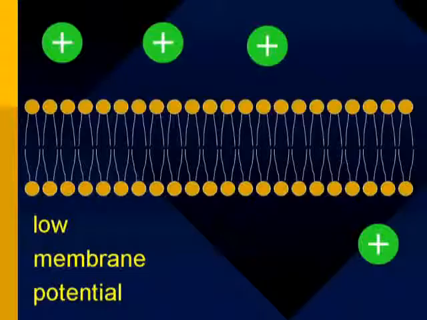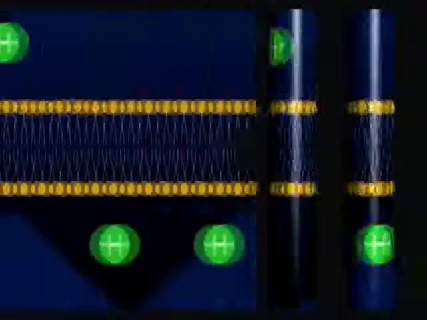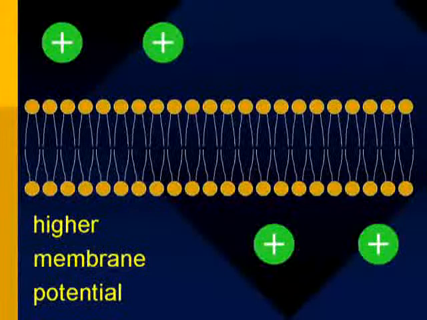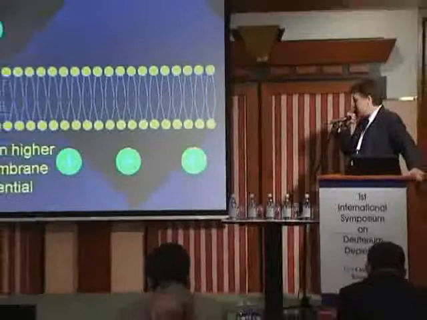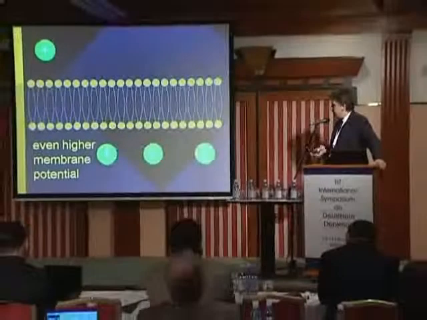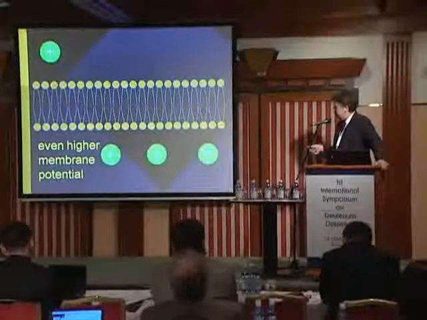So the higher the membrane potential, the higher amount of this dye is taken up during a given period of time. So that's the principle of the measurement. If the membrane potential is low, there is only a little amount of dye which is taken up. If it is higher, we can get more dye in the cells, and if the potential is even higher, we will have even higher amount of dye in the cells.